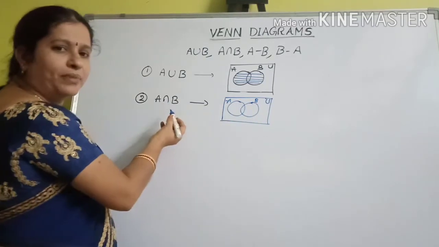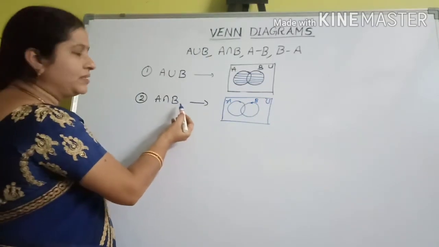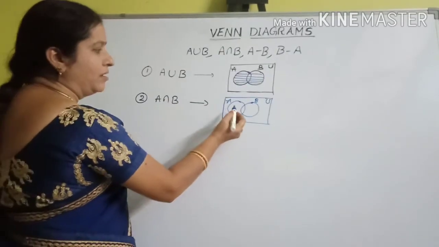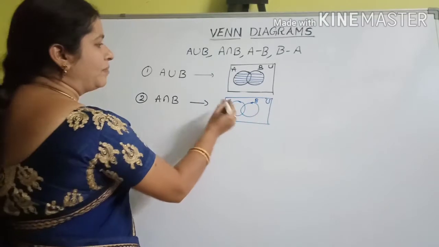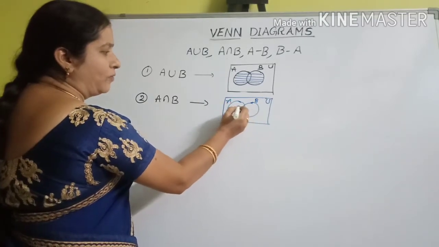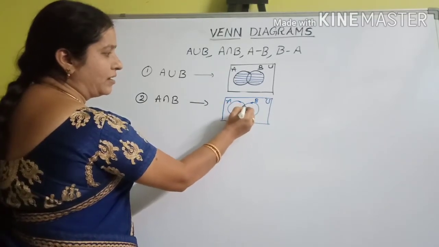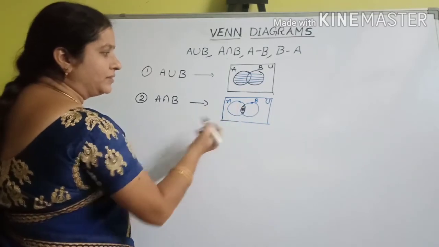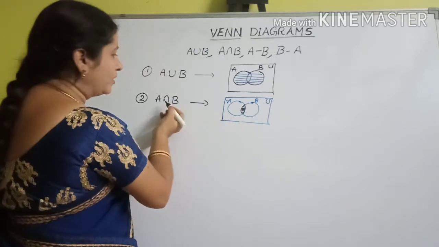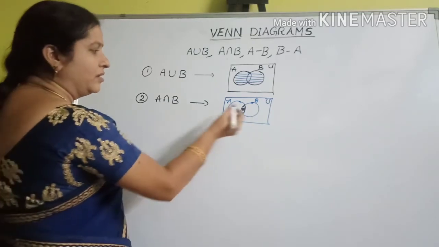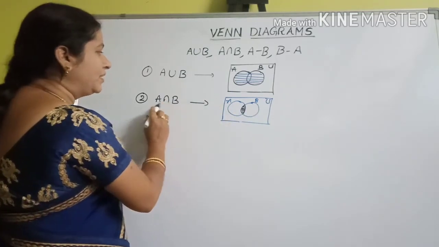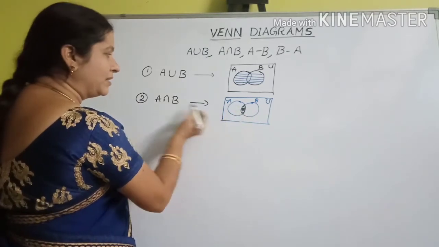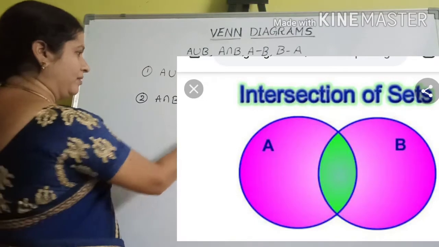So A intersection B means the common elements of A and B. What is the common part in A and B? The overlapped part. This is the common part of A and B. So this region belongs to A intersection B. So the shaded region represents A intersection B.